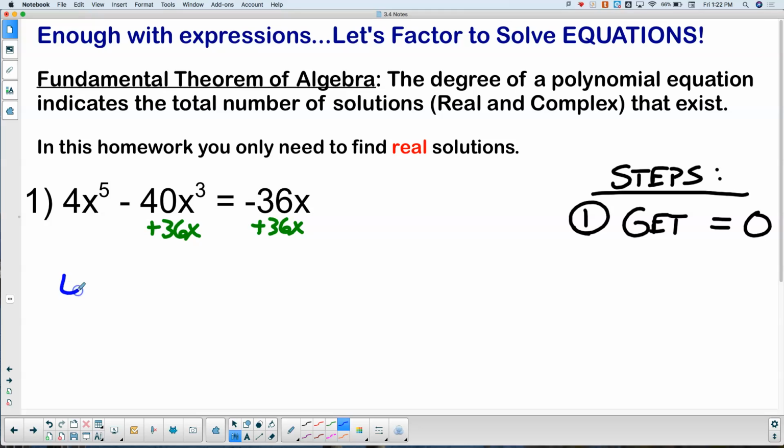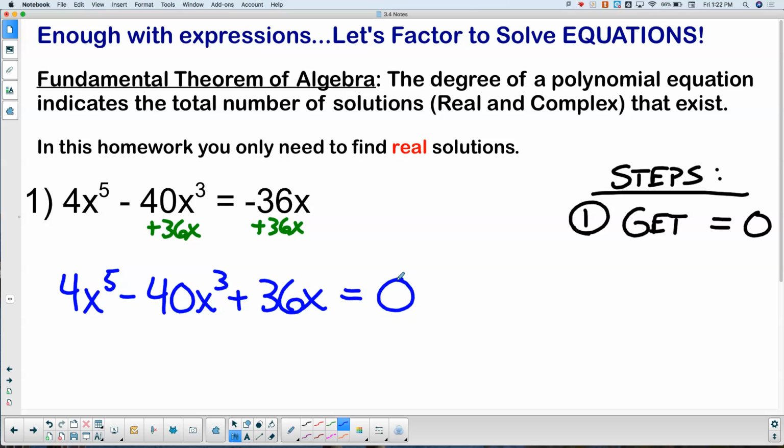That's going to give me 4x to the 5th power minus 40x cubed plus 36x equals 0. Step number 2 then says we're going to factor until we can't factor anymore.